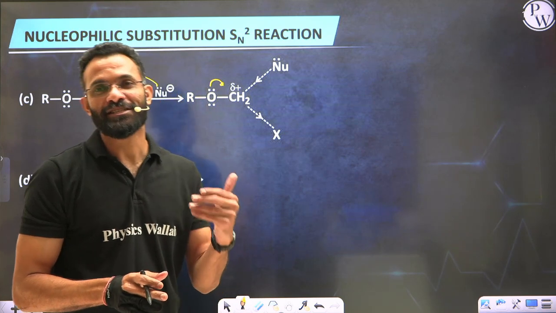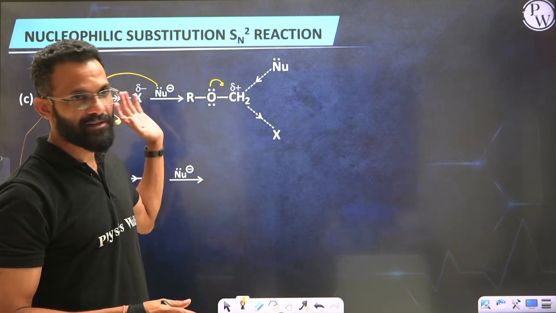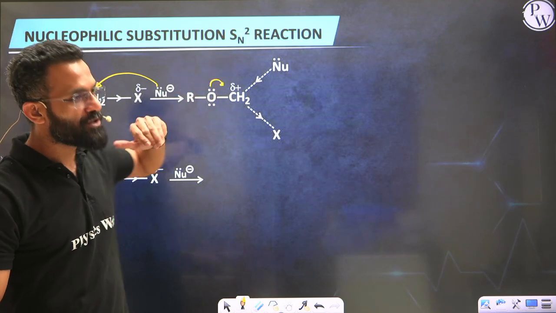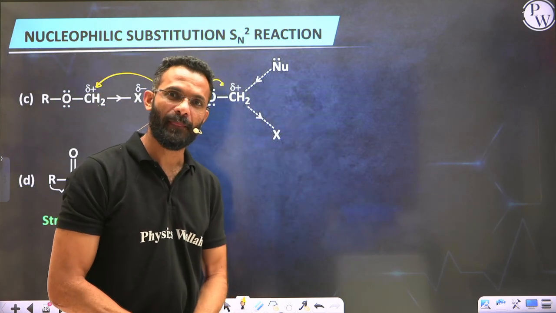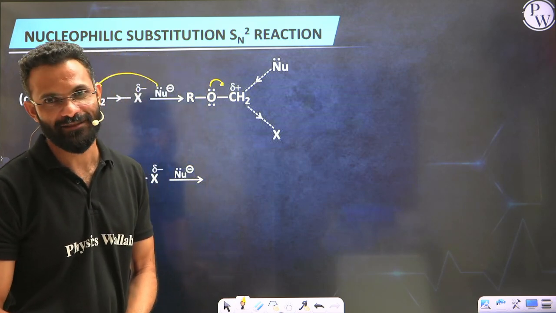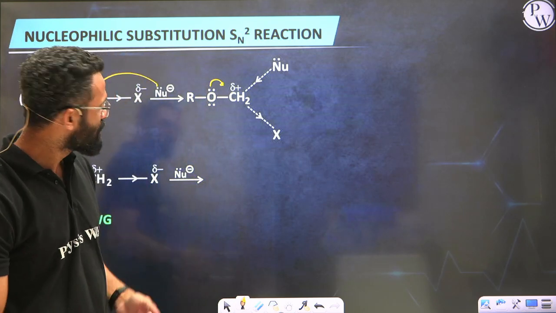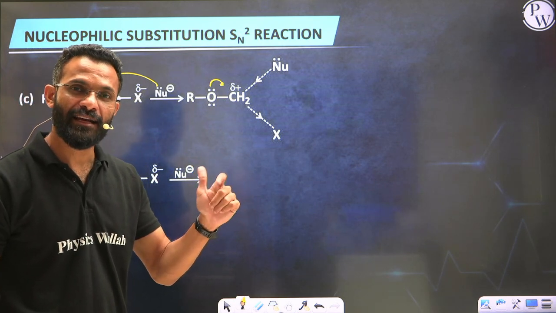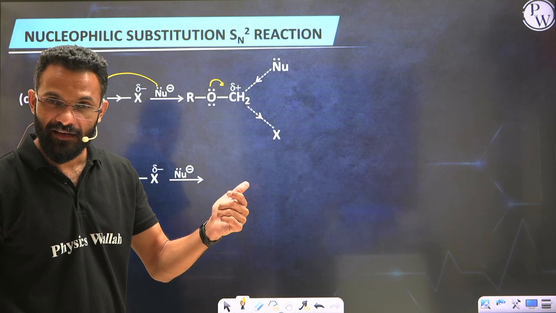So the transition state is stabilized here in a better manner than in the case of a pi bond. So this is the transition state which is stable. So the energy of activation will be lesser and the rate of SN2 will be faster. Now, allyl halides are more reactive than alkyl. Benzyl halides are more reactive than allyl.